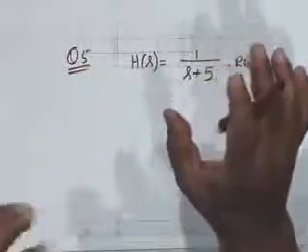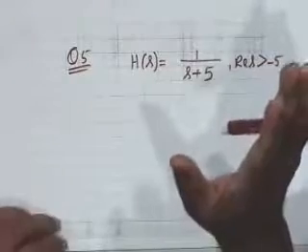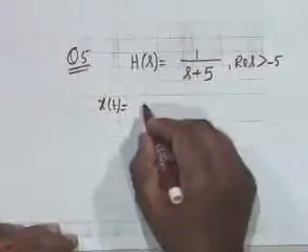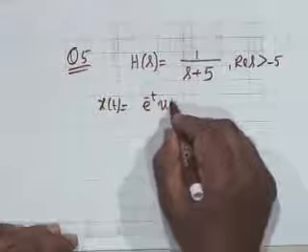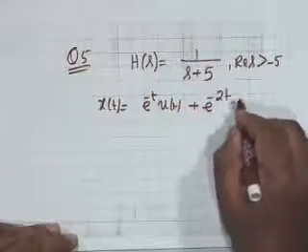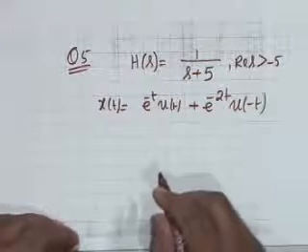In other words, h of t is even. What does that mean? Right-sided sequence. All right. This is the frequency response of the system, and the input is x of t equal to e to the minus t u of t plus e to the minus 2t u of minus t.